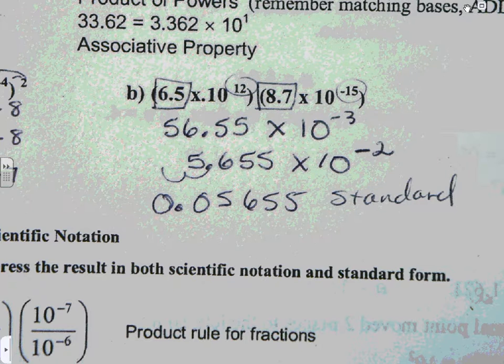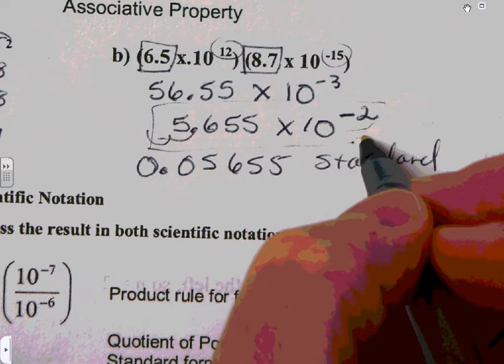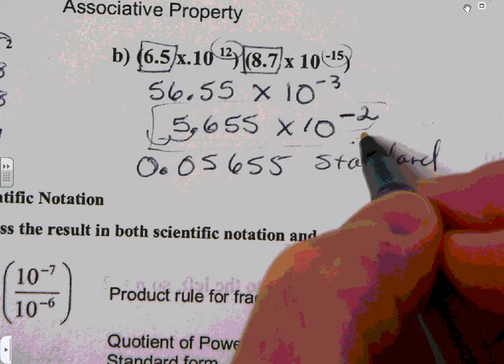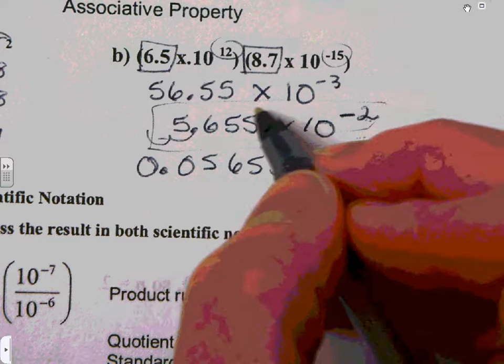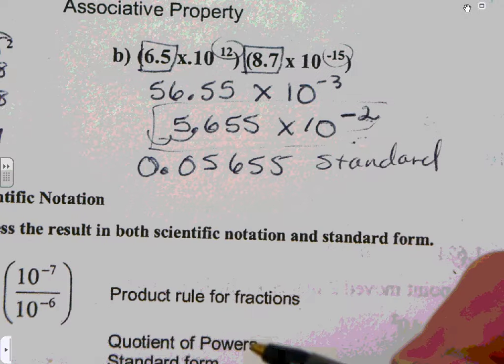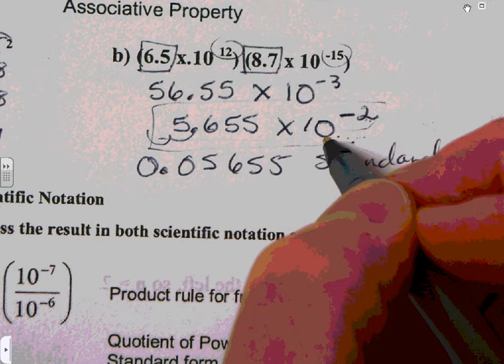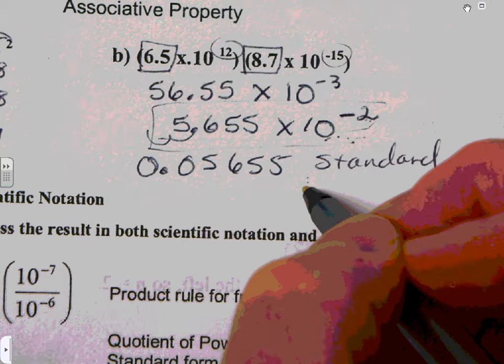That's if you need to put it in standard form. This was already in standard form, and so I'm just using common sense, saying I have a negative exponent, I need to make it smaller. Okay? But this one's in scientific. I didn't have to change it to scientific to put it into standard.